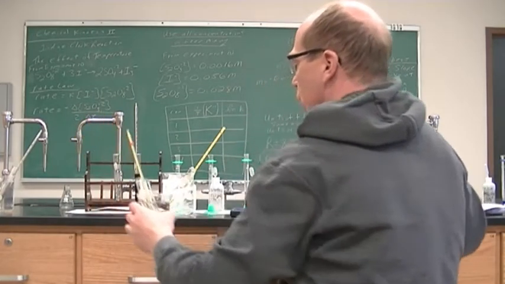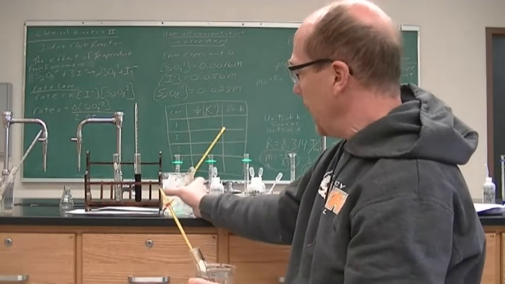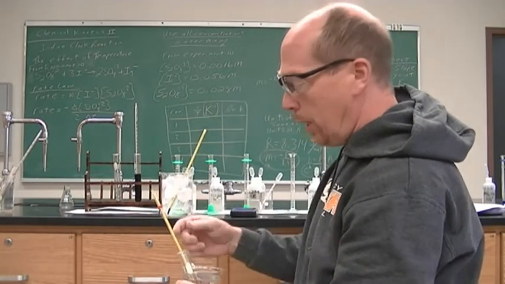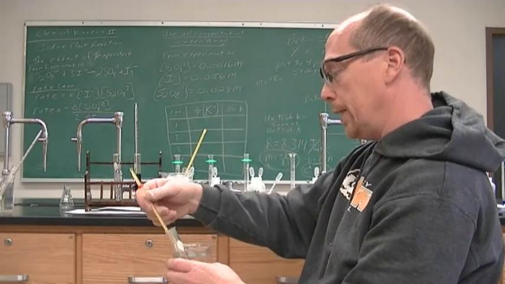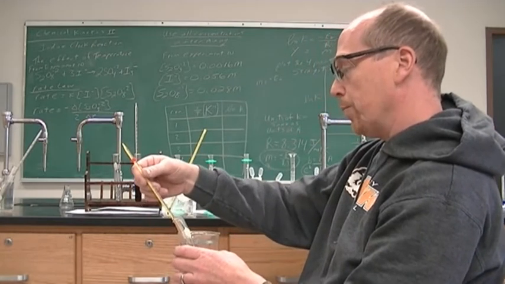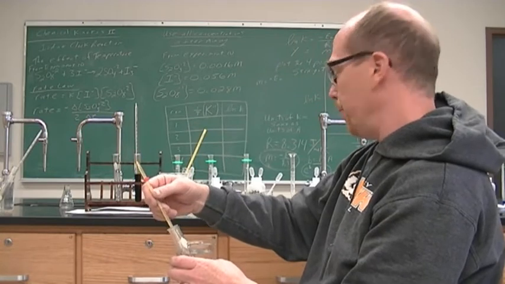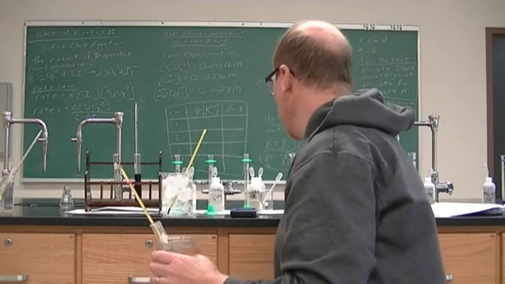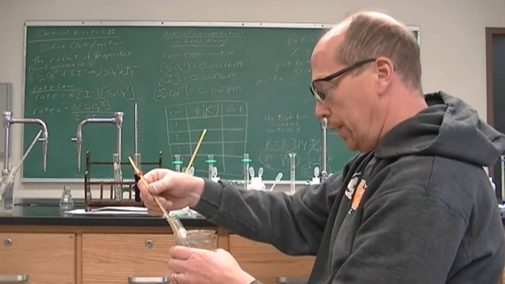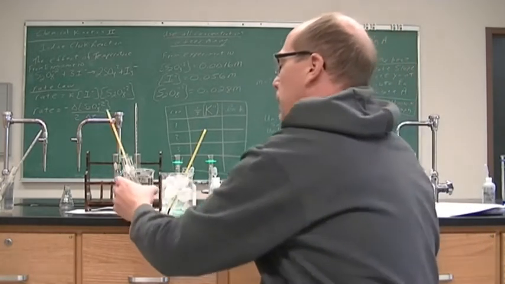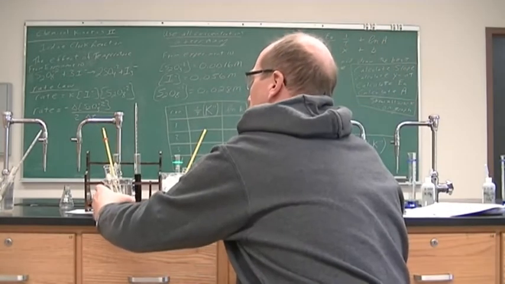And then I'm going to also get my cold water bath going at the same time, because these are a little long, so we can have two going at the same time. I will start my timer on a minute, mark that down, and go from there. So we're at 9.5.